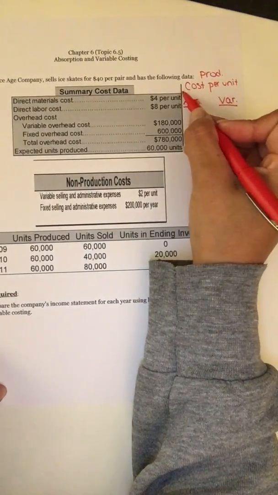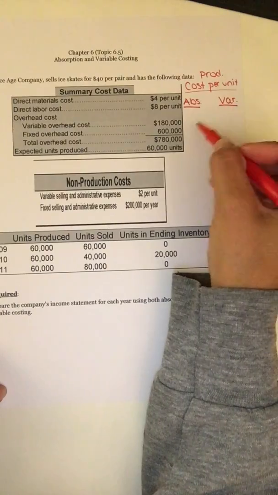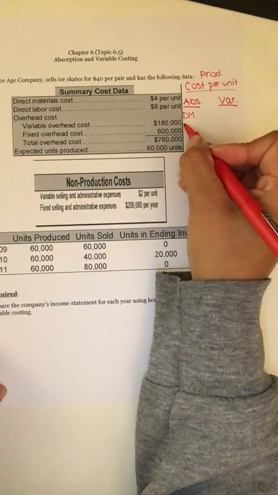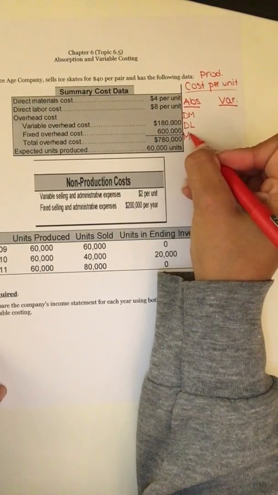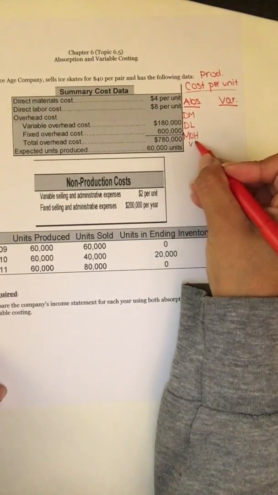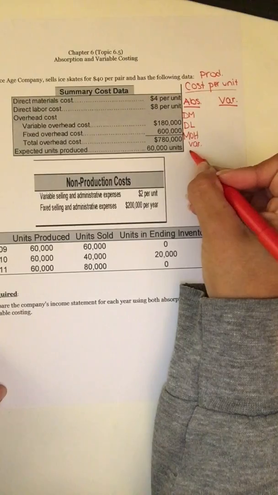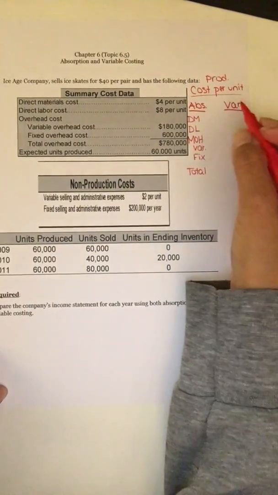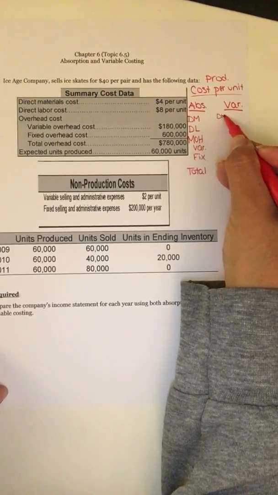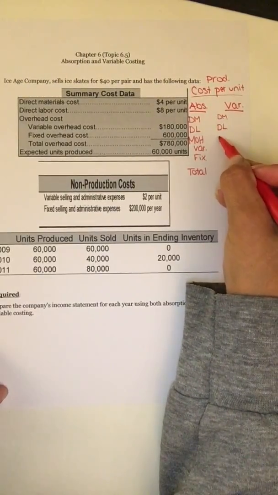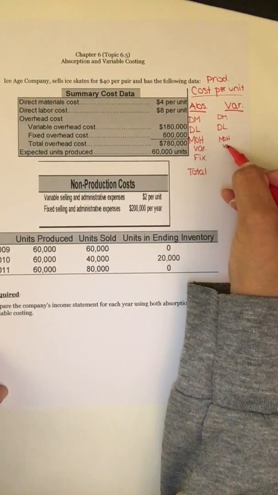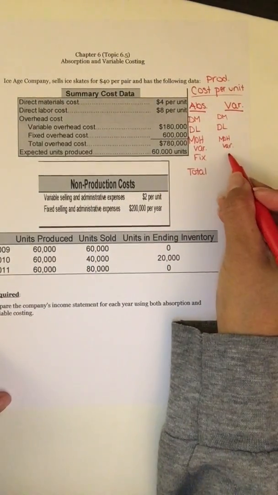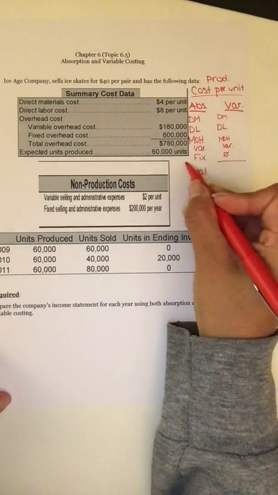Your product cost per unit, the two systems differ, right? Absorption says product costs are DM, DL, and MOH, with MOH made up of your variable overhead costs and your fixed overhead costs. Whereas variable says, yes, it includes your DM, it includes your DL, but it only includes your variable MOH. It does not consider fixed MOH.